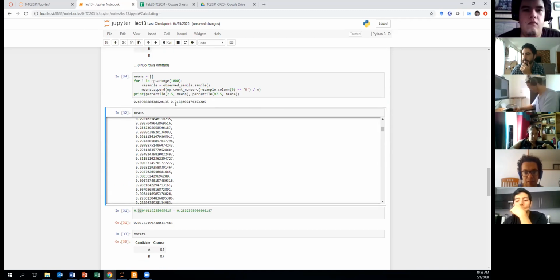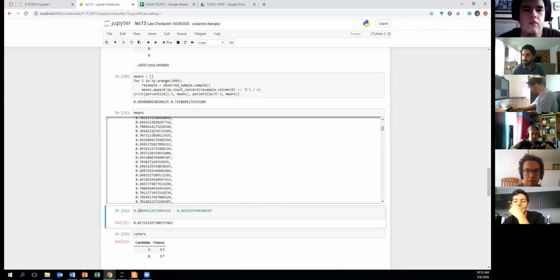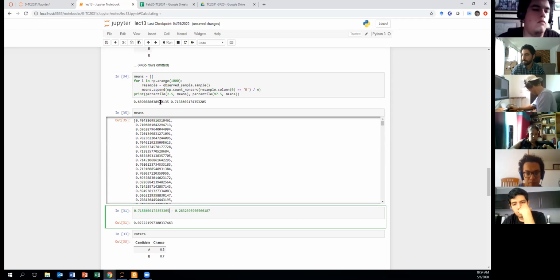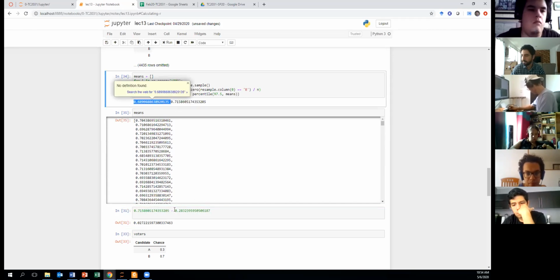So these are my means. I'm resampling my sample and getting 70%, 71%, 69%. And if I run this too, I should end up with the same result.